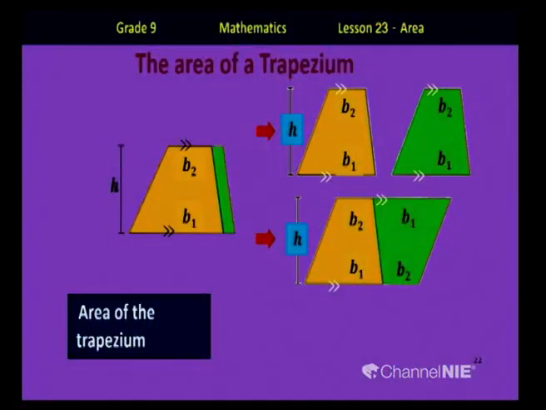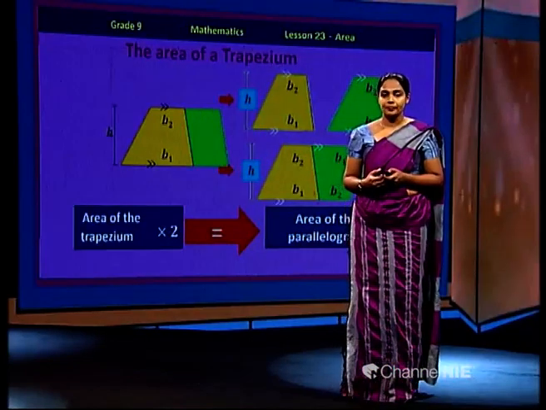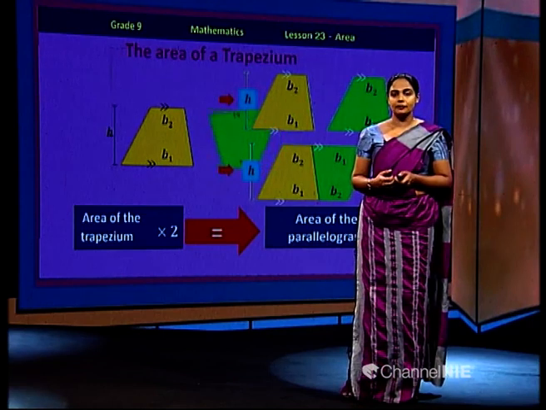So the area of the trapezium multiplied by 2 is equal to the area of the parallelogram, because we use two diagrams which are the same in size. So the area of the parallelogram is equal to twice the area of the trapezium.